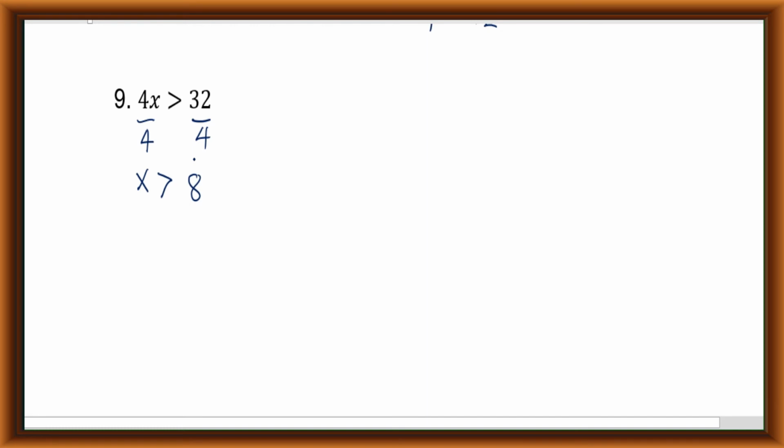So 32 divided by 4 is equal to 8. So again, on our number line, let's have here 7, 8, 9, and 10. So x is greater than 8. So again, I'll exclude 8 and I'll move to the right side.